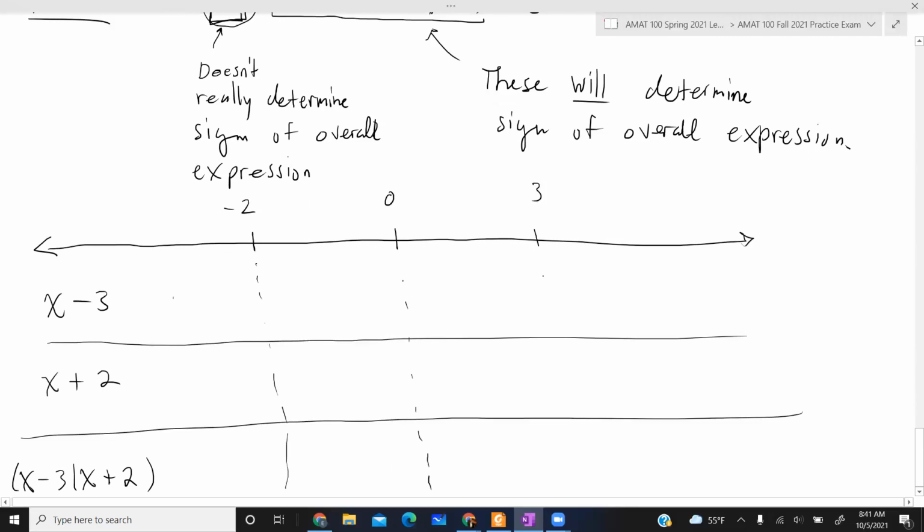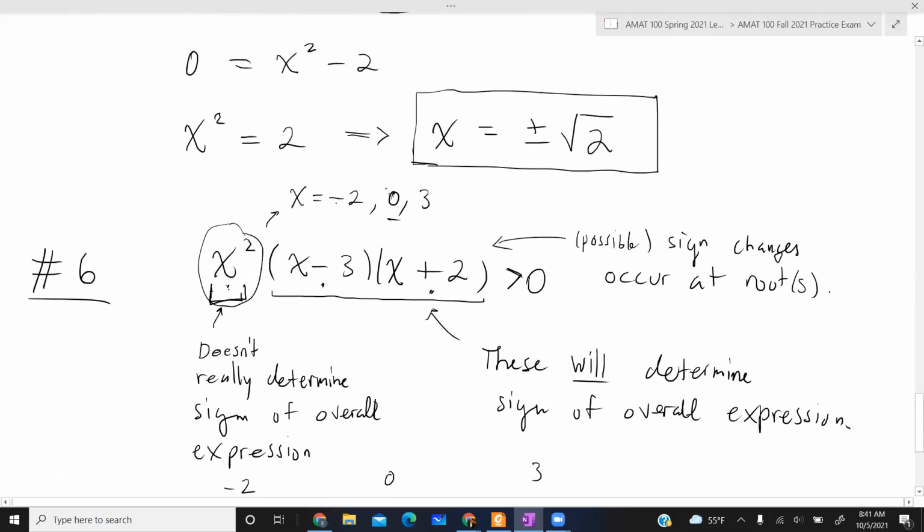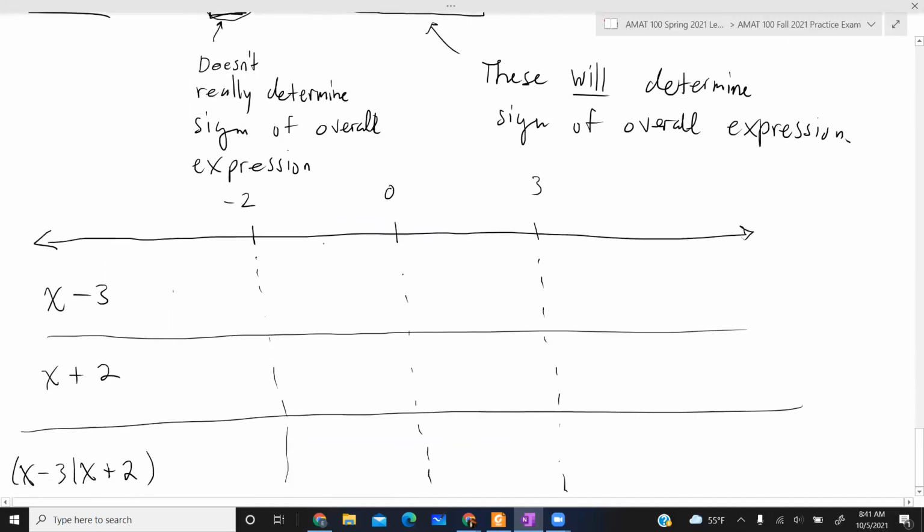I want to look at the sign of the expressions over these. Again, you don't have to write all this down. You can go right from this inequality, make a note of its roots, and go right to determining the sign. To determine the sign, we're going to take a test value from each interval. So we have this interval, this interval, this interval, and this interval. So we have 4 intervals.